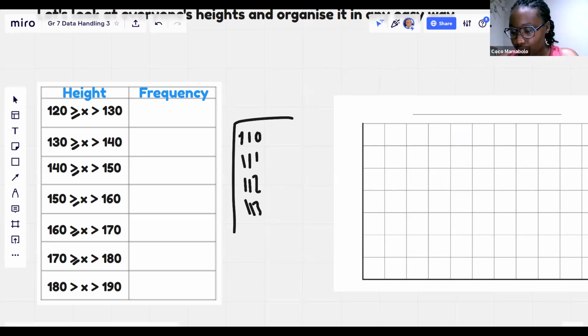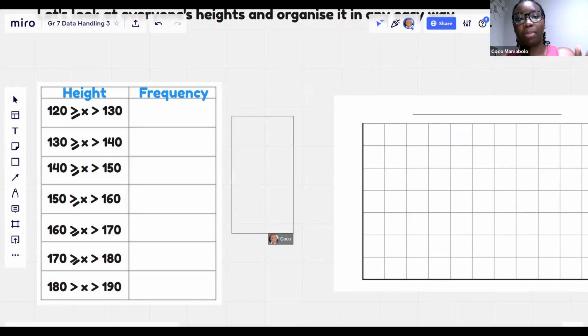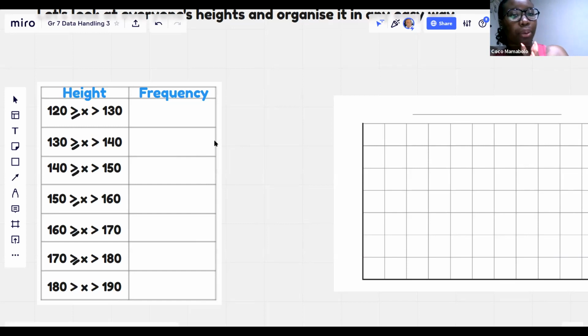So what we can do is split them up like we have here in this table. I've looked at everyone's height, and anybody's height that falls between 120 and 130, we're going to count in that one group. And anybody's height between 130 and 140, we count in that group, and 140 and 150, and so on and so forth.